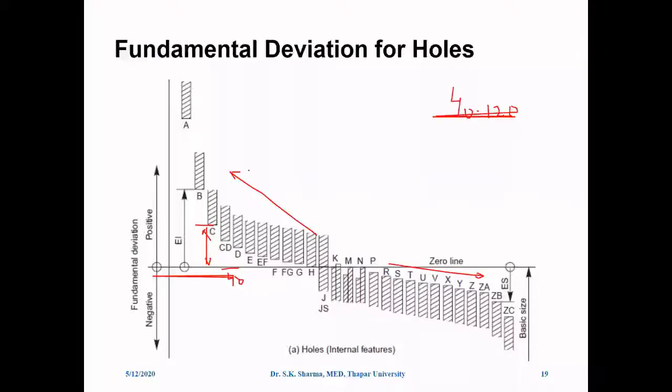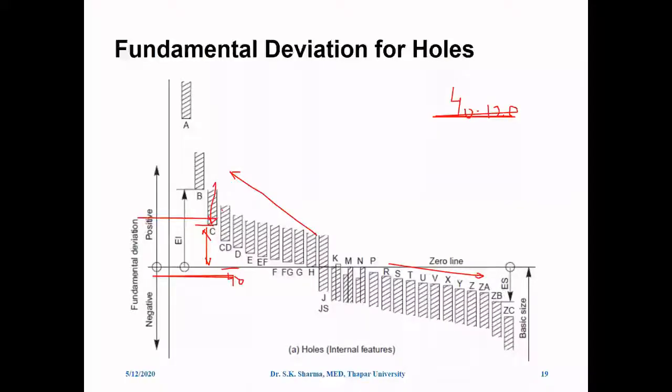Fundamental deviation means how far you go from the basic size, how far away your closest size is, right? So in this case, since this fundamental deviation is 120 microns, it means my closest size is 120 microns from here. So this value becomes 40.12.